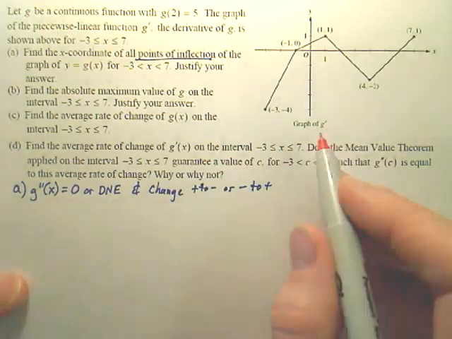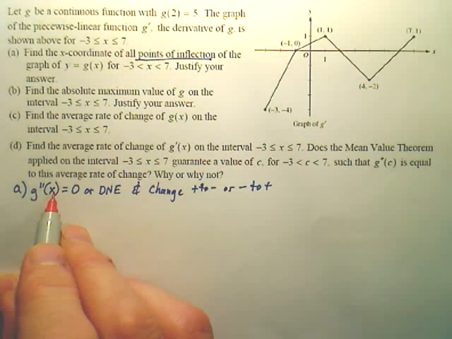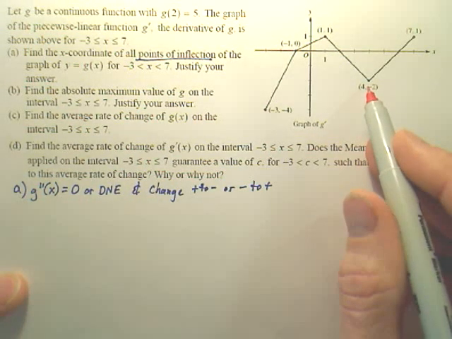Now next, if this is G prime, how do you get G double prime? Well, aren't they the slopes?